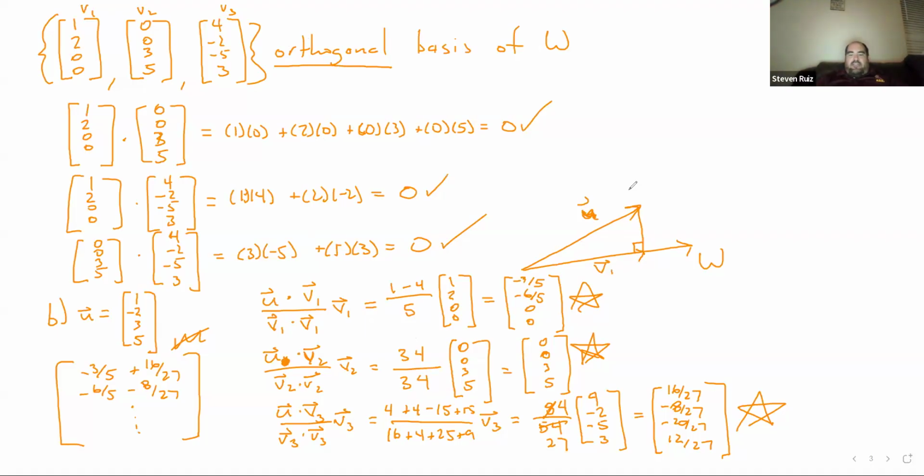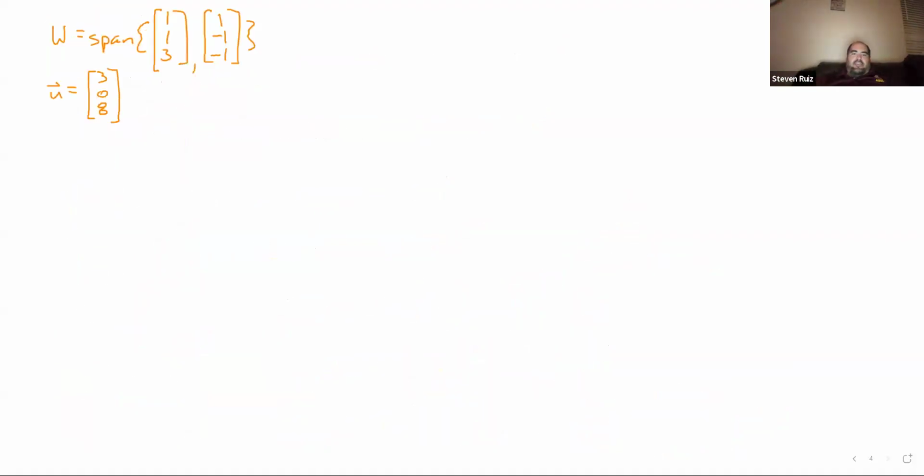Because basically what's happening is this. Let me give you a schematic diagram of what I'm doing here. Let's say that I want to get from here to here, and the only directions I'm allowed to move are this direction and this direction.